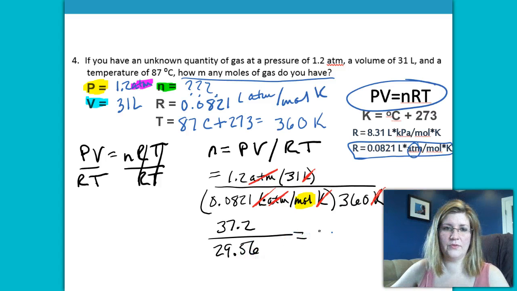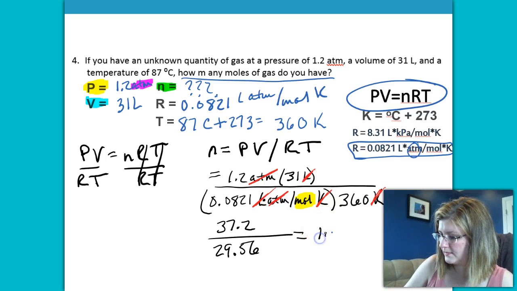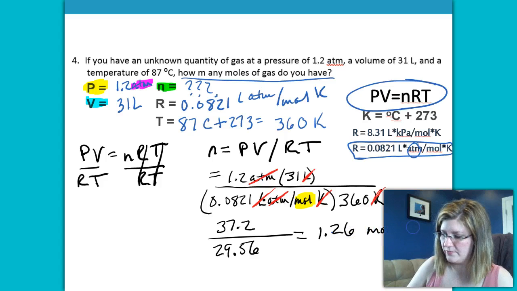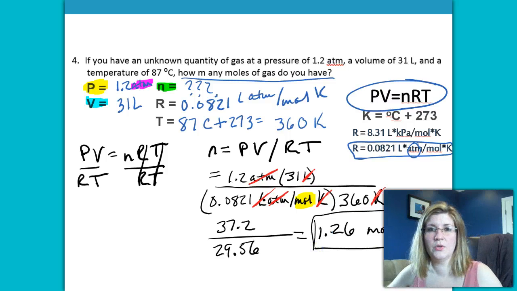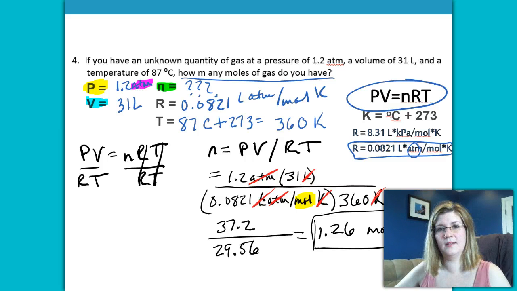And that solves to be something greater than 1.26. And of course we're solving for moles of whatever gas this is. Okay, so it's important you keep track of exactly what those variables represent and what you're solving for. Good, excellent. Let's do another.